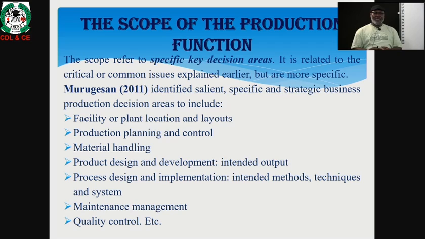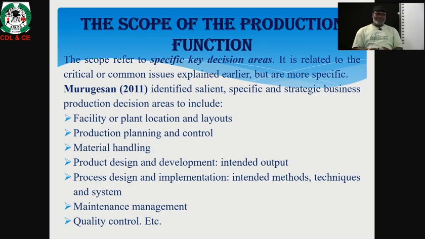Another major area in the production function of a business is process design as well as what? Implementation. Just as with product design and development, the process for producing these products or outputs must be carefully thought out and designed. A business person cannot just go in without thinking of what system of production to use, what type of equipment, what type of tool to use.